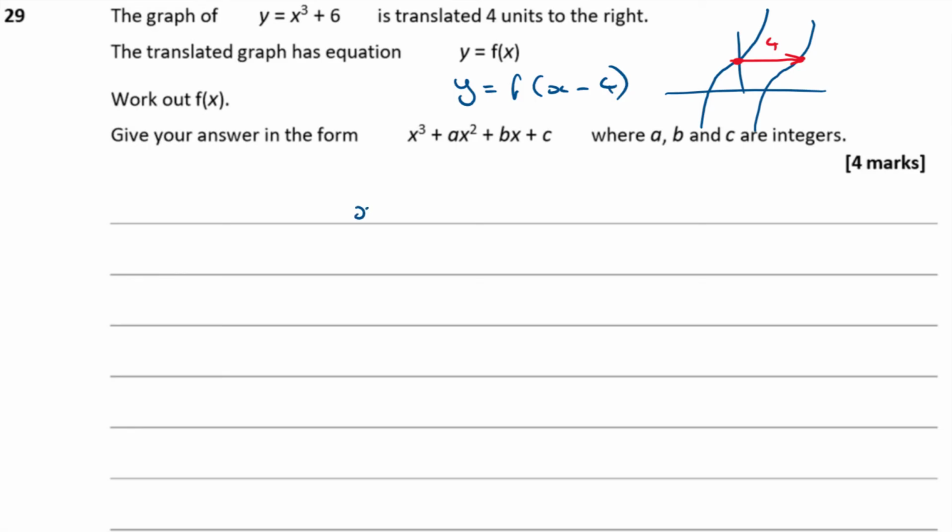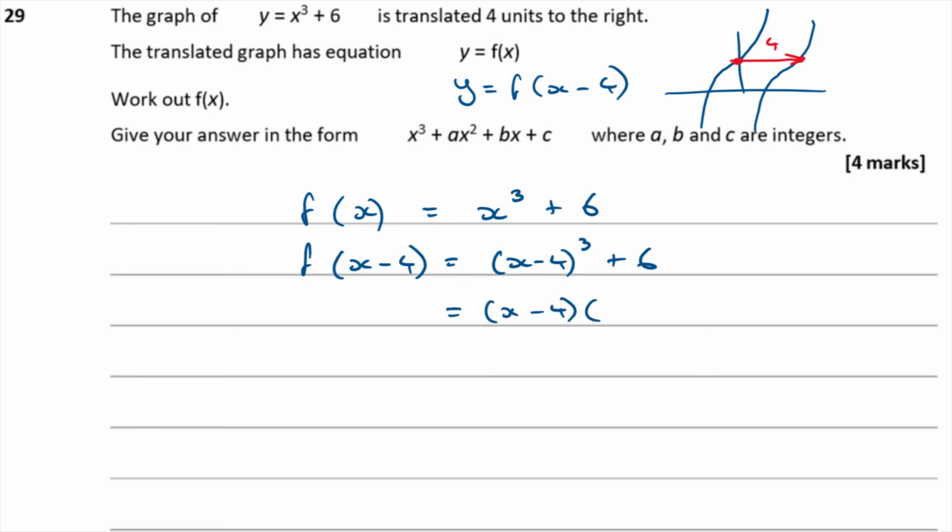Now given that our function here, f of x, is x cubed plus 6, what we want to find is f of x minus 4. So replacing x in this equation with x minus 4, I'm going to get that, aren't I? Okay, but what is x minus 4 cubed? So writing that as 3 brackets, we're going to do lots of FOIL here.